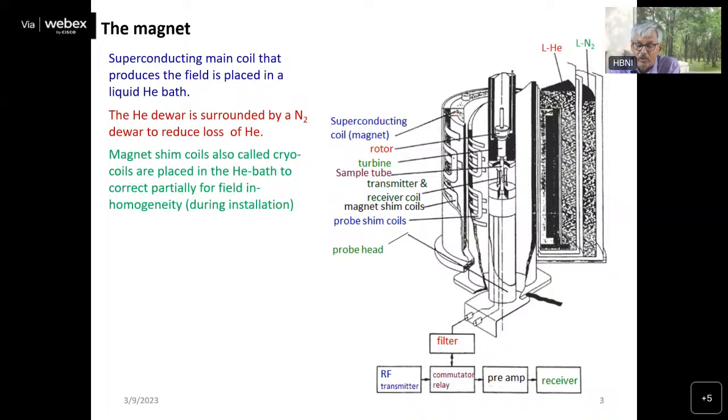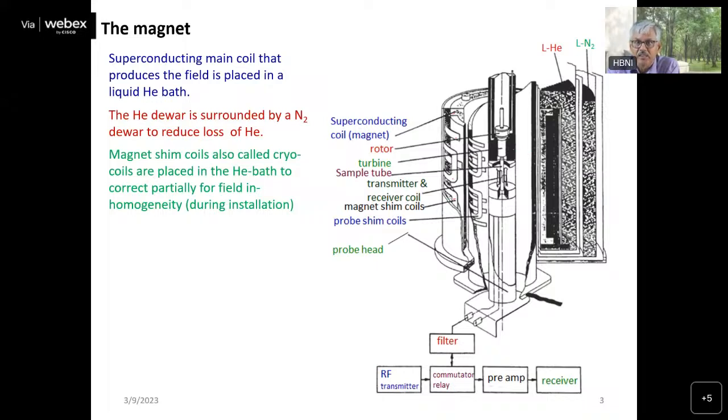Besides the main superconducting magnetic coil, there are also cryo shim coils. You can see these are the cryo shim coils, and these are also placed inside the liquid helium chamber. These shim coils correct the inhomogeneity in the magnetic field from the main magnet.